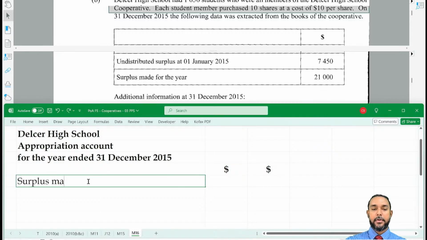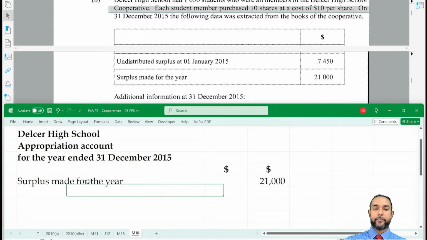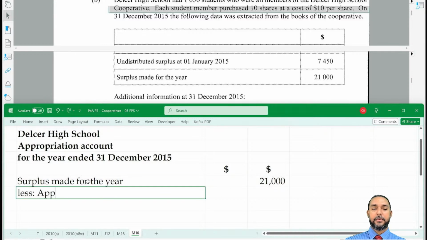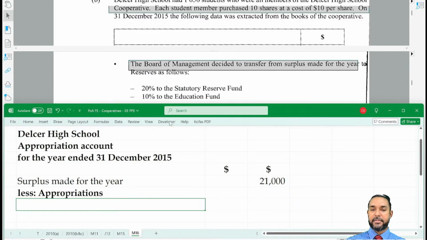Surplus made for the year is 21,000, right? Less appropriations. Right, so we had a few. 20% is statutory reserve fund, right? So transferred to statutory reserve fund, 20%.